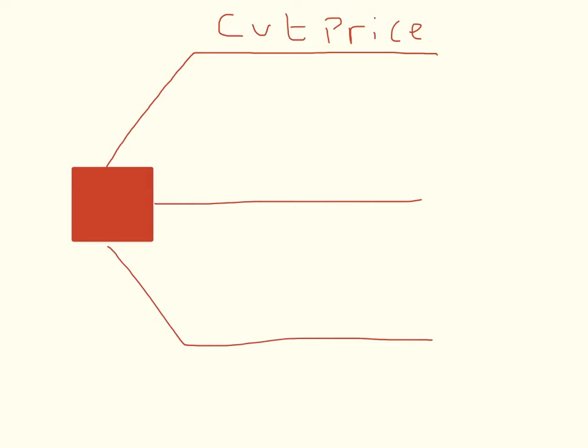The other option that the manager could choose could possibly be spend more money on advertising. So increase spending on advertising. And the third line just represents that the manager could do nothing, because it's still an option that the manager faces. So it still needs to be shown on the decision tree.